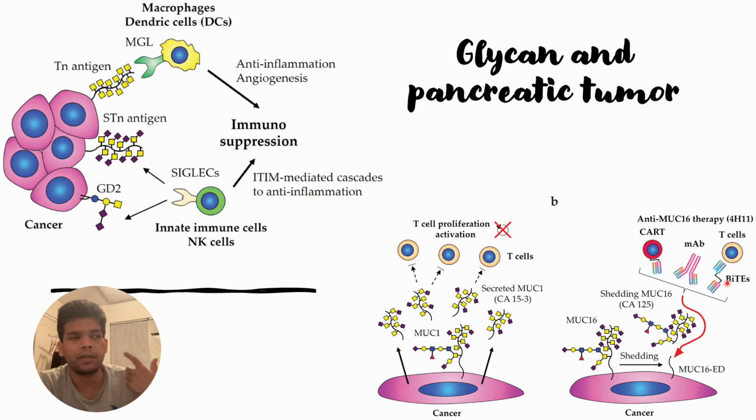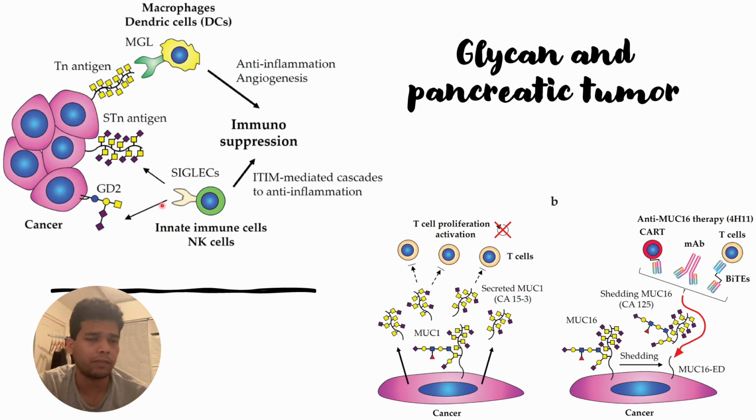So one takes care of the intracellular signaling path, and the other takes care of MUC16 ED receptor detection and binding. After it binds to the MUC16 ED, it can help in shedding the CA125 from these cancer cells, so that the cancer cells will not benefit from this expression of MUC16, such as in tumor microenvironment development.